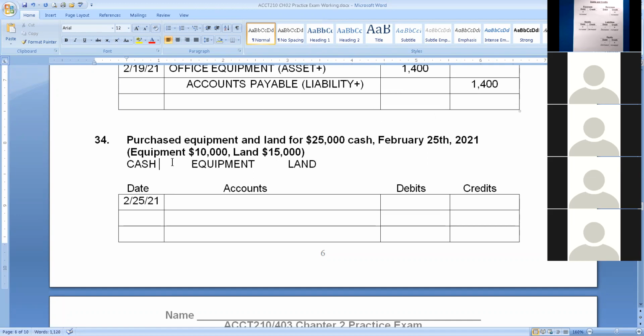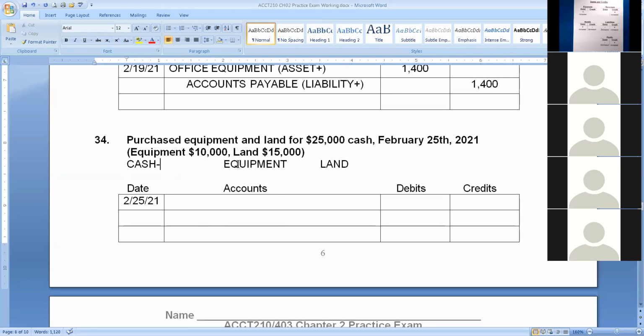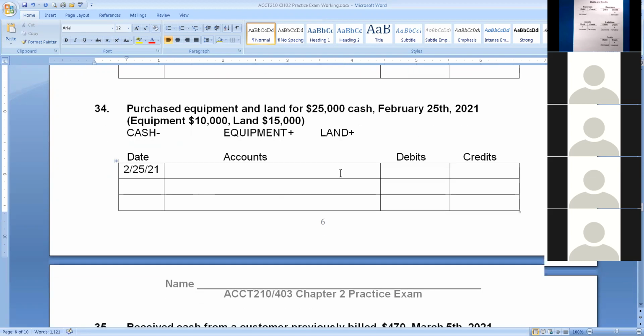Okay, cash going up or down? Down on both accounts. Yep, down. And yeah, you can definitely put it for both those. Equipment going up or down? Up. And land? Up.